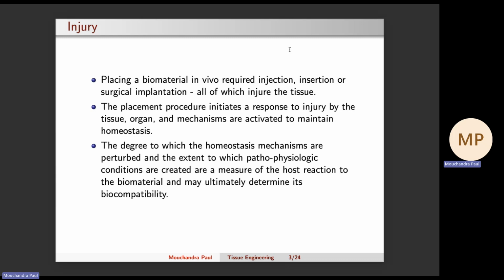Whereas if, while implanting, the normal physiology of the tissue or organ gets so disturbed that a diseased condition starts to develop, then we are also farther away from biocompatibility, meaning our implant is not compatible with the host.